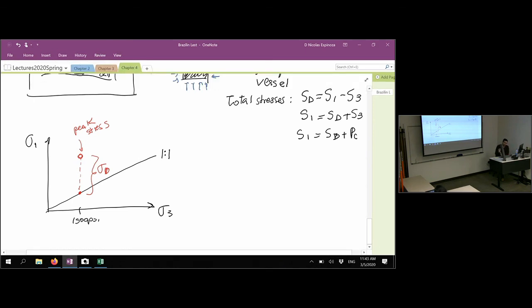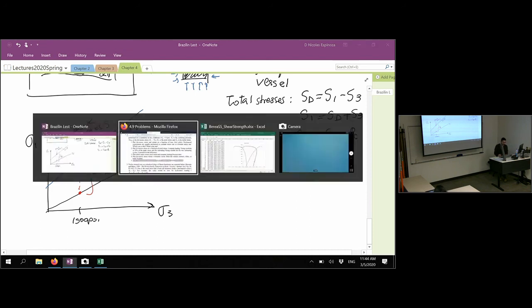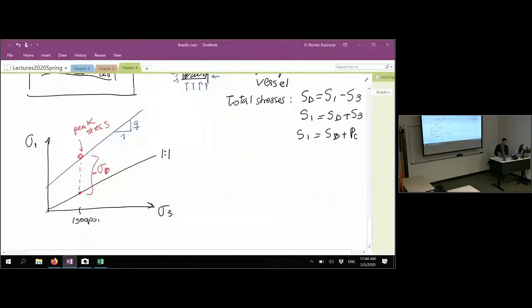Until now, there is nothing new. The last question of this problem is telling you, if you know that there is a line here with a different slope, if you know that the parameter Q is, what did he say? 5.3, then what will be the UCS?